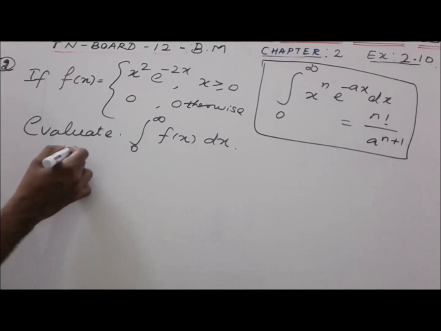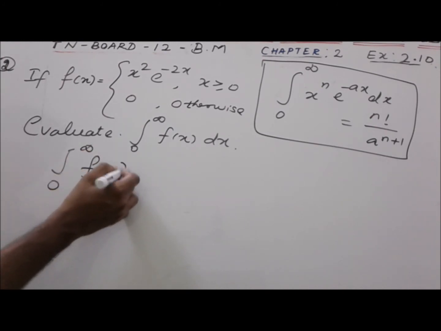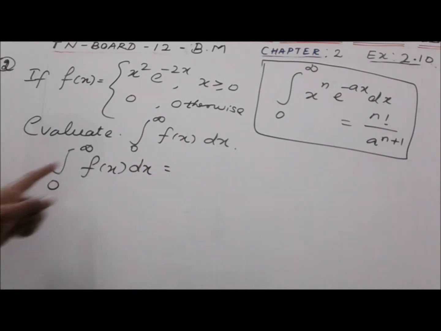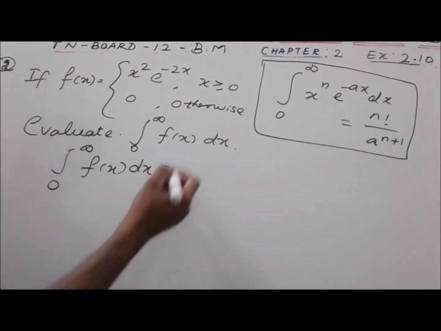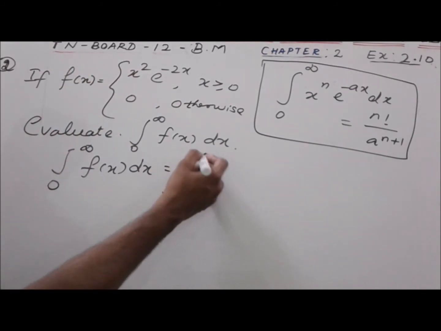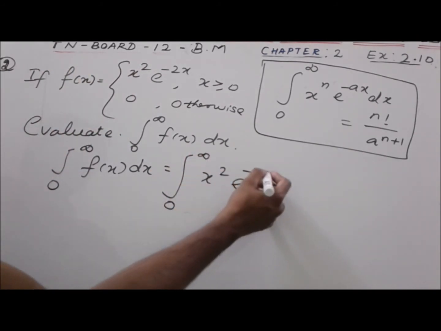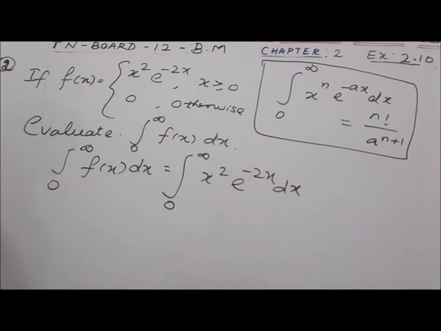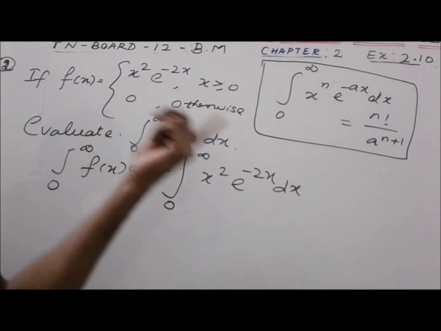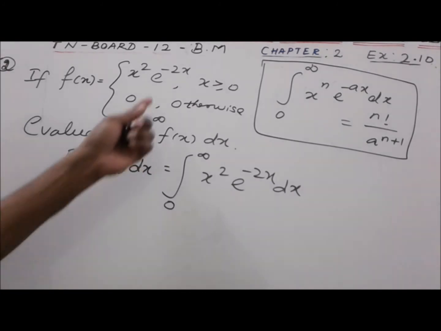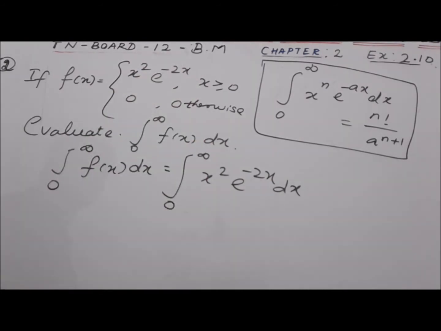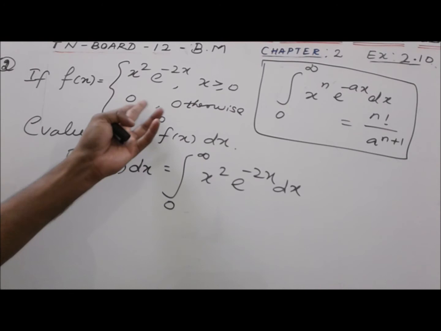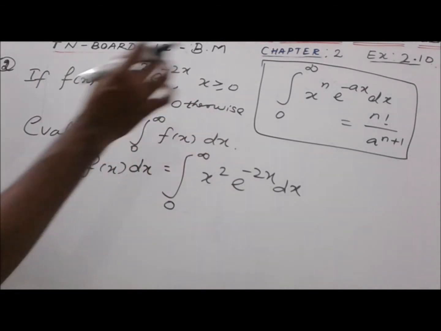Now that is equal to, substituting f of x for the limit 0 to infinity, x square e power minus 2x into dx. For other intervals, the function becomes 0. You need not calculate the other intervals. Only 0 to infinity we calculate, because within that interval only the function exists.